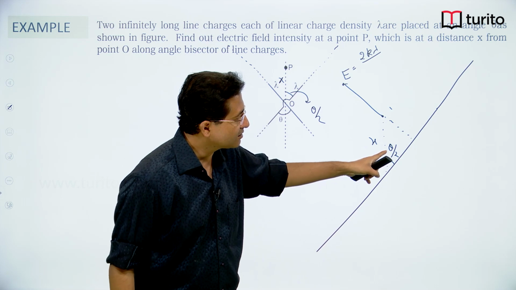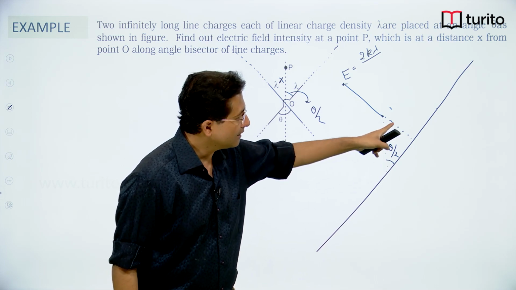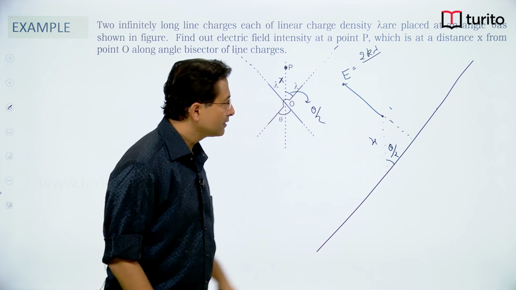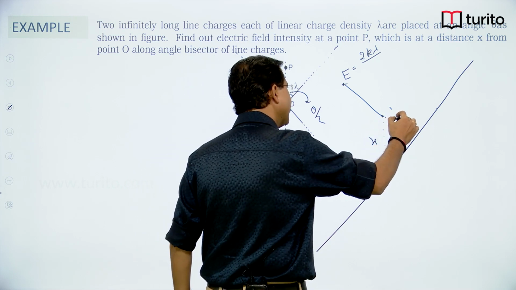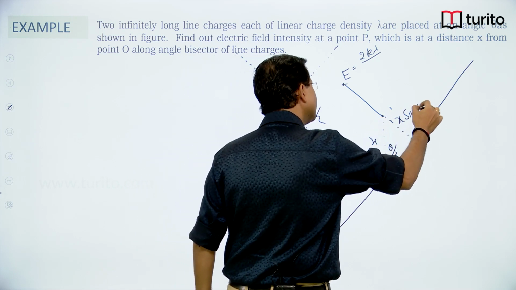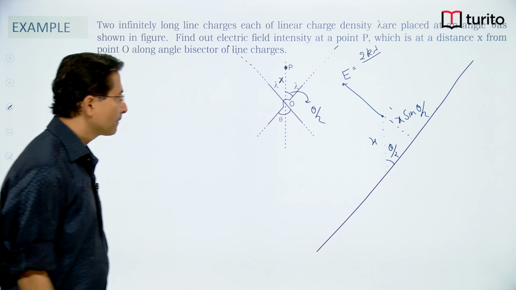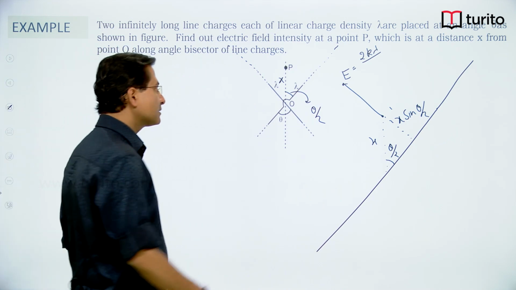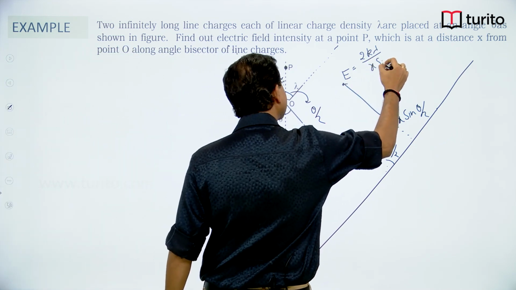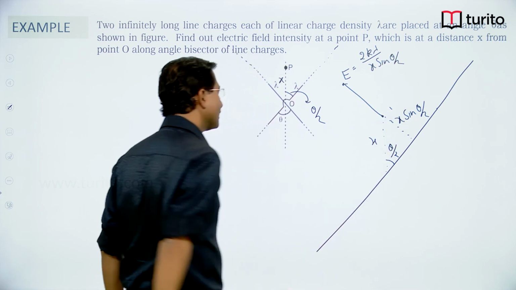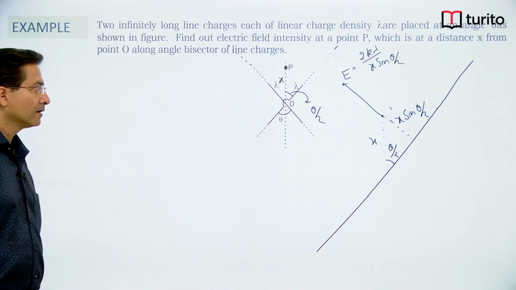So if this is x and this is theta by 2, then the perpendicular distance will be x sin theta by 2. I hope this point is clear.